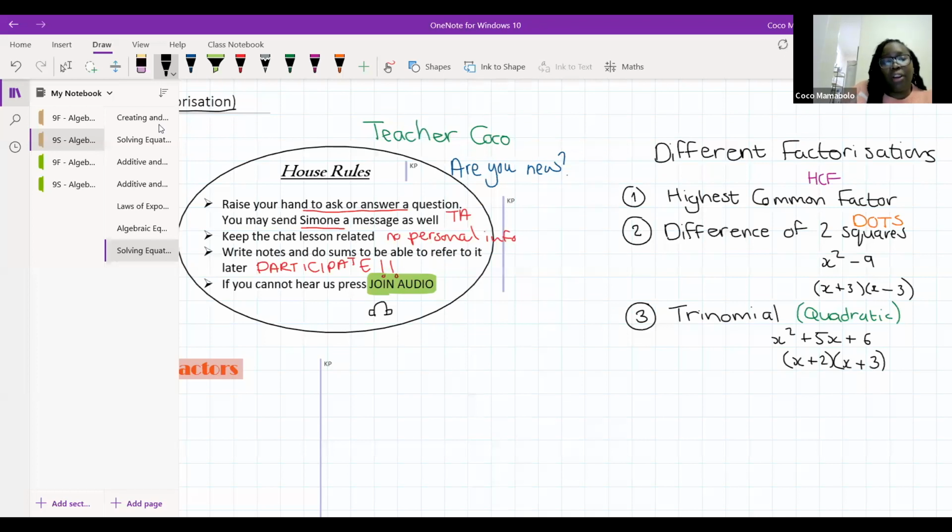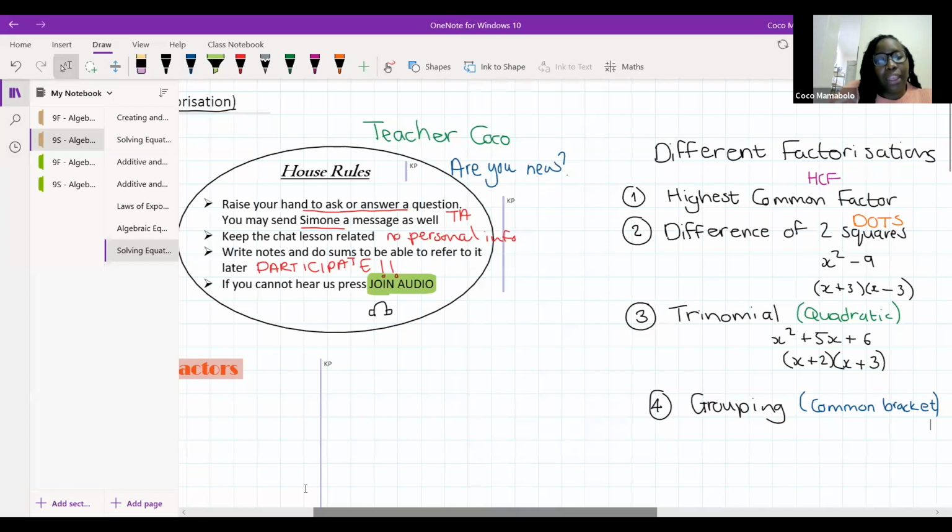That's a trinomial. The fourth type that they could possibly ask you for is grouping. Grouping is also known as a common bracket, but we hardly ever see this one. It's not that common when we are doing these kinds of questions, so we're not going to bother with that one for now. So these are the four types of factorizations that we learn about in grade 9.